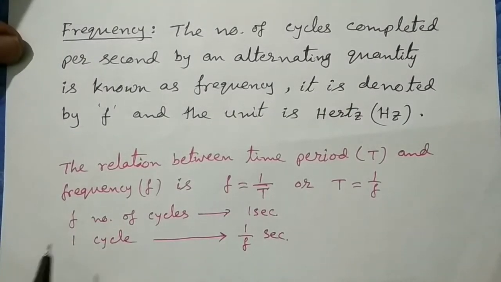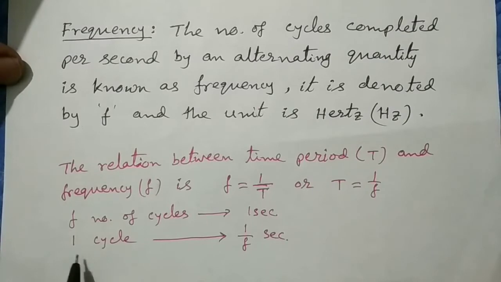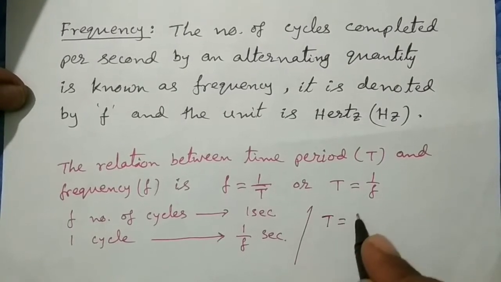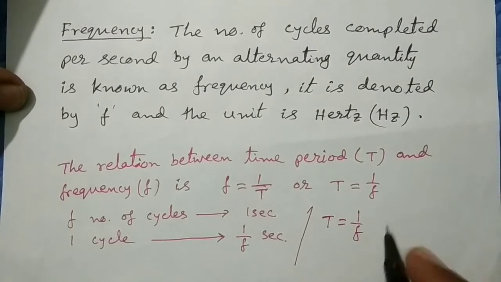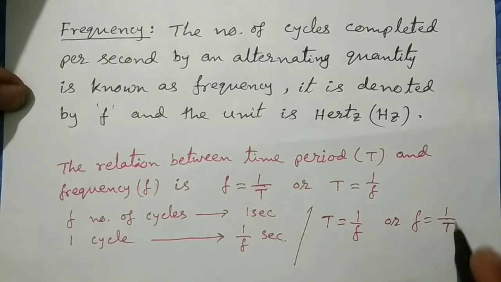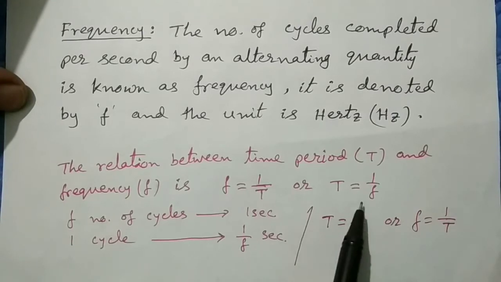So if the frequency of any alternating quantity is f hertz, f number of cycles will be completed in 1 second. Therefore, one cycle will be completed in 1 upon f second, but the time required to complete one cycle is called the time period. Therefore, we can write T is equal to 1 upon f, or f equal to 1 upon T, that we have mentioned here.